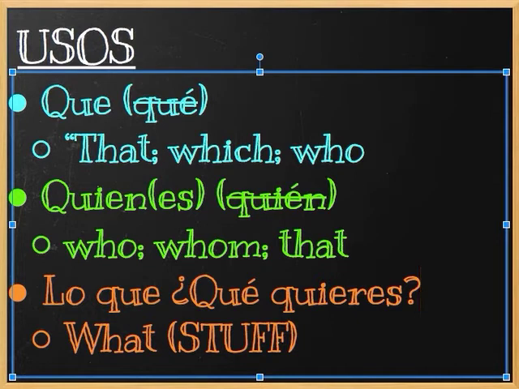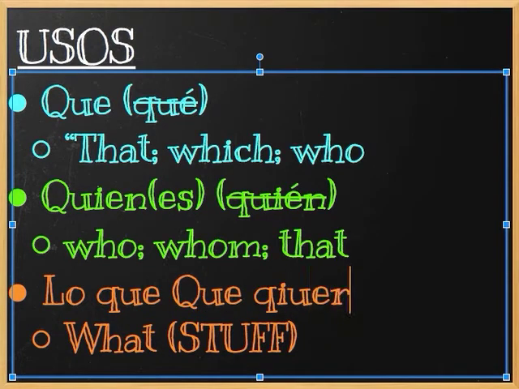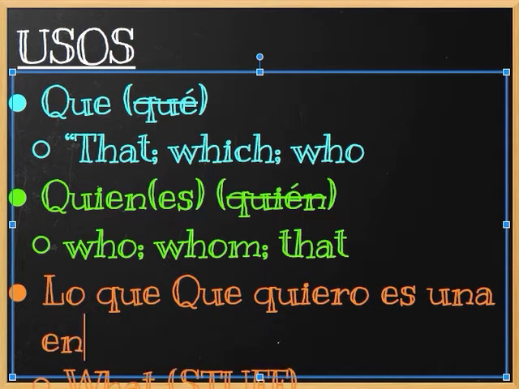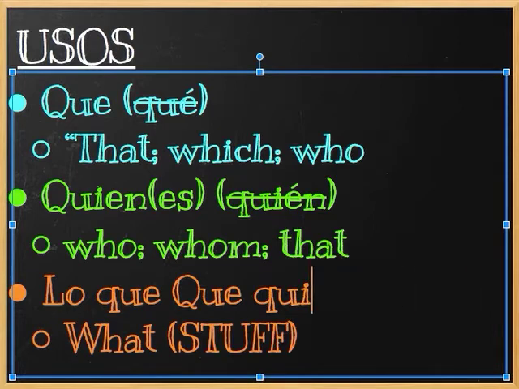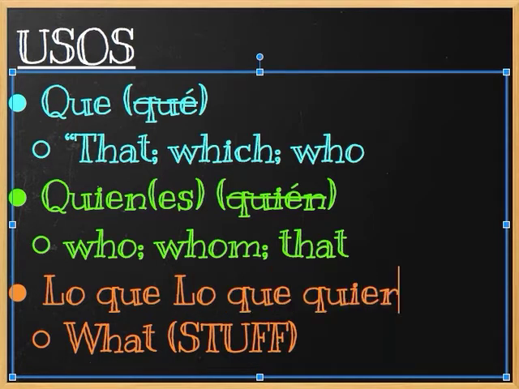What do you want, right? You would never respond saying, que quiero es una ensalada, right? The more correct way, or the really only way you would express that thought, what I want, would be lo que quiero. Lo que quiero es una ensalada.